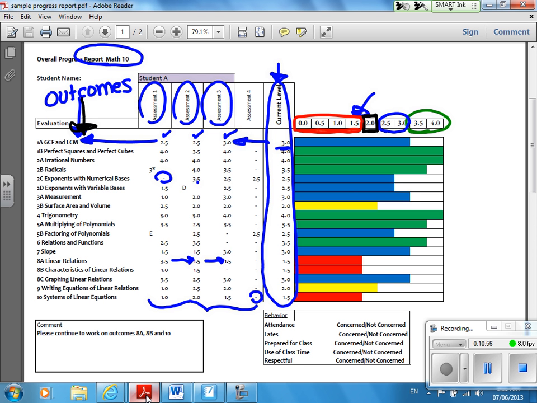So if we look at this here, you've done your quick scan, and I see my son or daughter has 3 reds. I can quickly go over, and I know those are my 3 outcomes that I might go back to the rubric on, see what it is that they need to work on, and encourage them to continue that learning process.